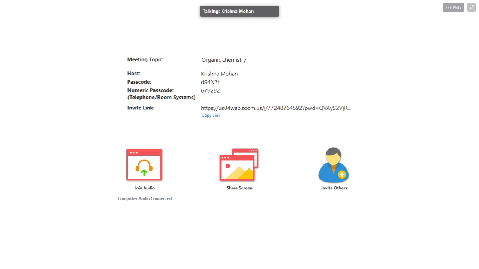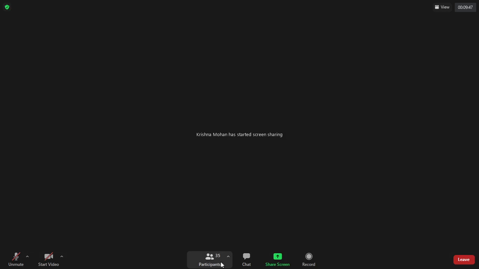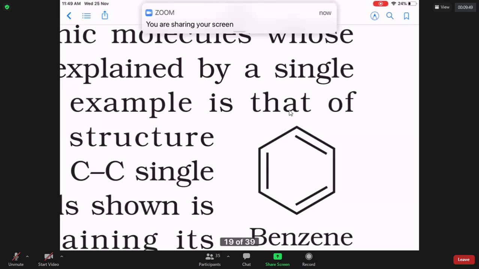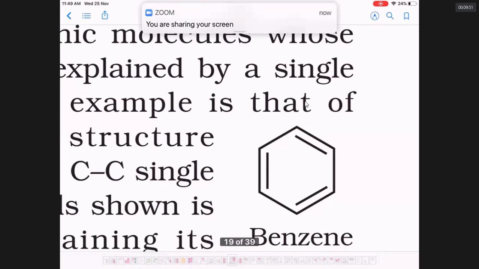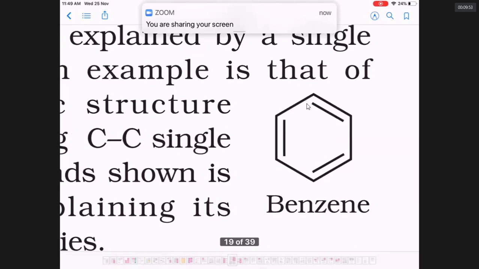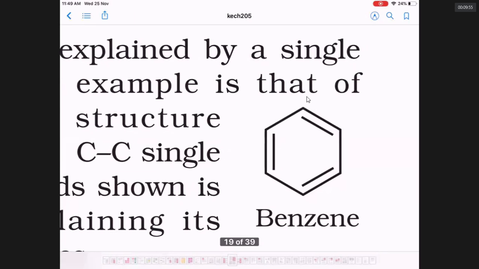In benzene C6H6, there are double bonds between carbons and also single bonds. It means there are 3 C=C bonds and 3 C-C bonds.